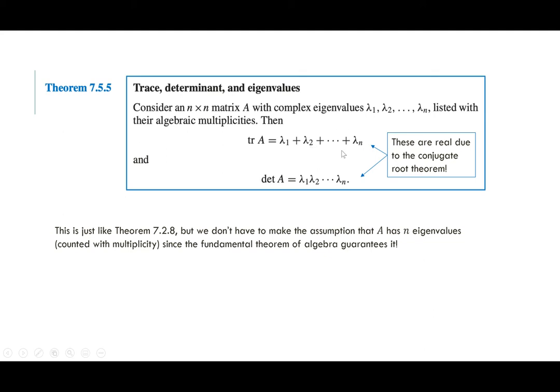The sum of a complex number and its conjugate is real, and the product of a complex number and its conjugate is real. And I think I had you prove both of those on a pre-assignment, so I'm glad I did that. And the last thing I want to say is that the arguments for why this theorem is true are exactly the same as the arguments for why theorem 7.2.8 is true. And with that, I think we're done for the day. See you in the next video.